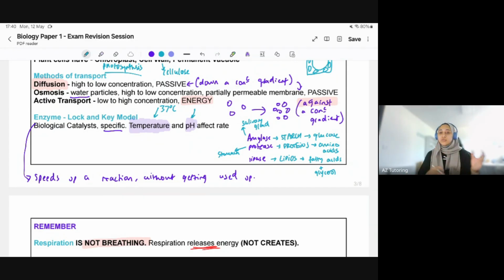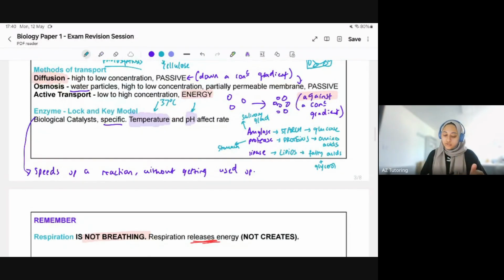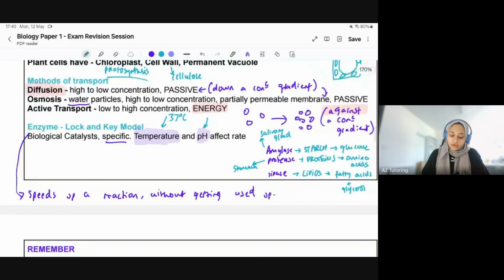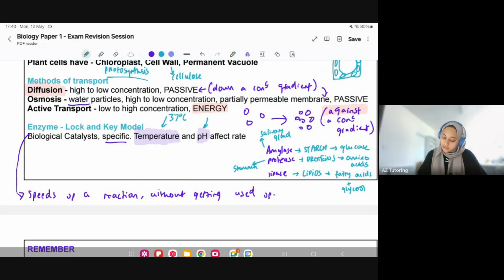Remember, pH is between 0 and 14, where 0 to 3 is really acidic, and 12 to 14 is really alkaline. So pH specific as well. Your salivary glands are not acidic, so the amylase would be suited to a different pH there. You need to know what the graphs look like, which I'll go over as well. But before going over that, let's talk about the lock and key model and how the enzyme actually works.